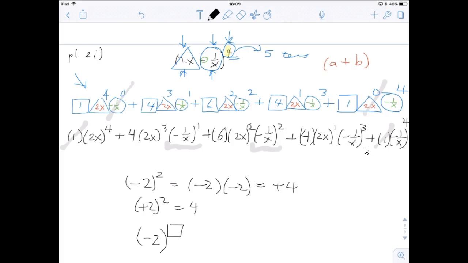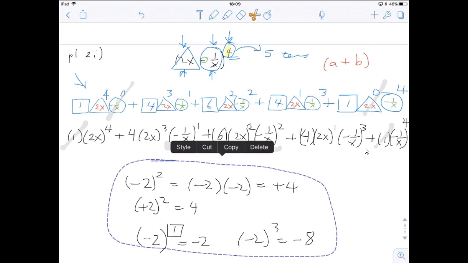So if I have negative 2 to the first, or I have negative 2 cubed, then it's going to make a difference. Negative 2 to the first is negative 2. Negative 2 cubed is negative 2 times negative 2 times negative 2, which is negative 8. Okay? So you can see that it makes a difference if you have an odd power or if you have an even power. The negative is going to stay or it's going to cancel itself out, right?